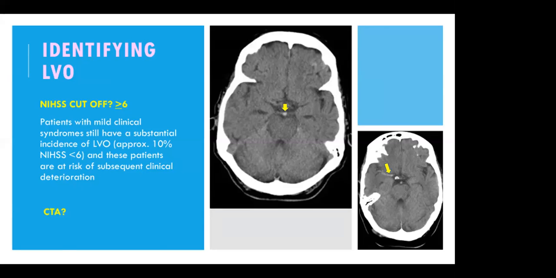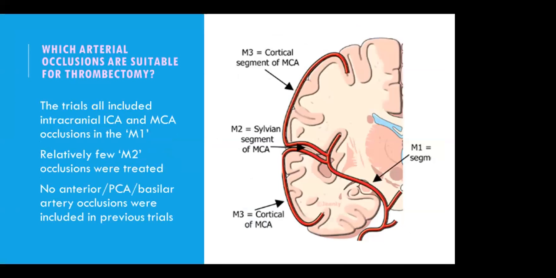So do we do CTA for all of them? Usually for mechanical thrombectomy, we do need a CTA for confirmation that this patient has a proximal occlusion. So which arterial occlusions are suitable for thrombectomy?